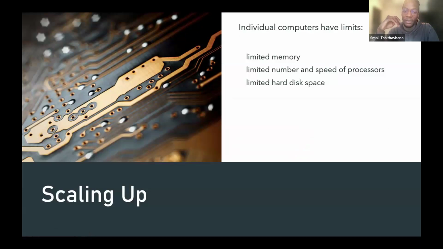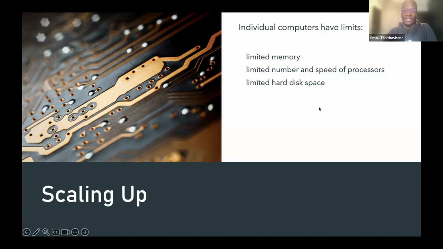For researchers or big companies, one of the major limitations of handling big data is the hardware they use. Suppose you want to analyze data which has 30 million rows. The computer that you have is limited when it comes to memory, processing speed, and also the hard drive.